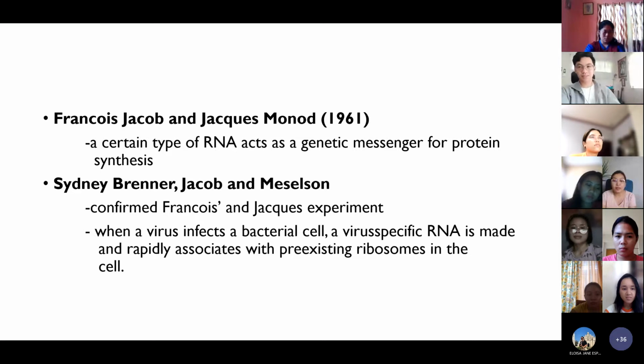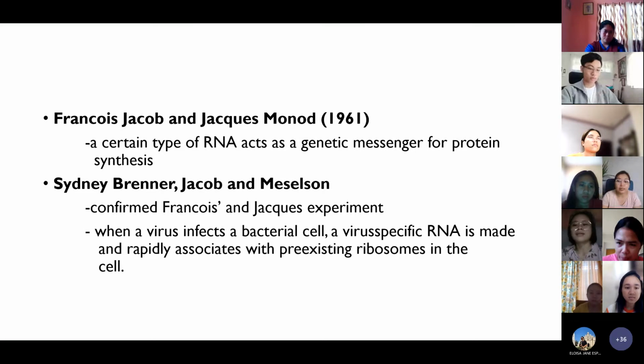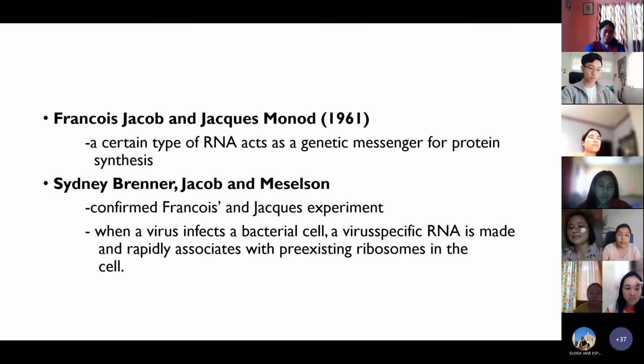So from the DNA to the ribosome, something acts as a messenger to provide the information for protein synthesis. They hypothesized that this RNA, which they called messenger RNA or mRNA, is transcribed from the nucleotide sequence within our DNA and would direct the synthesis of the particular polypeptide.